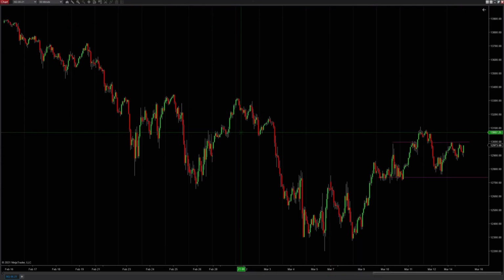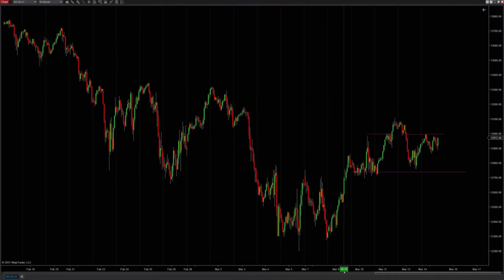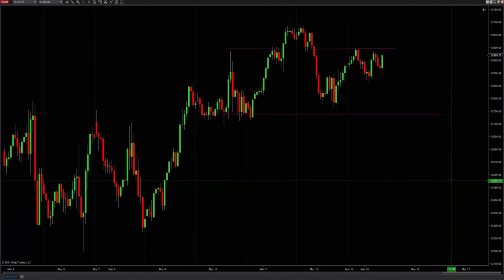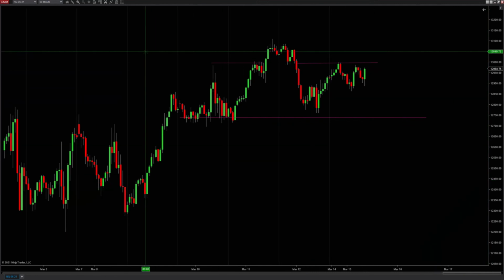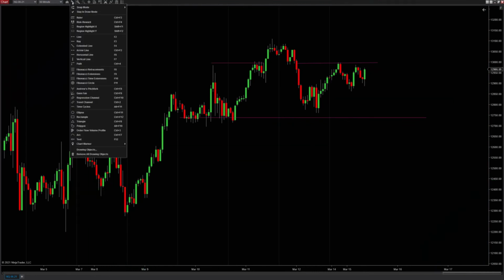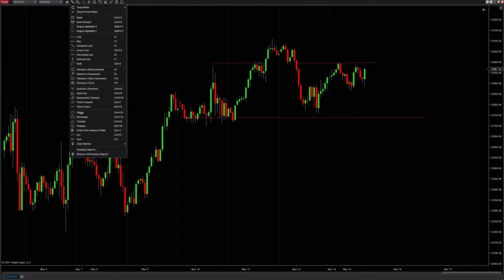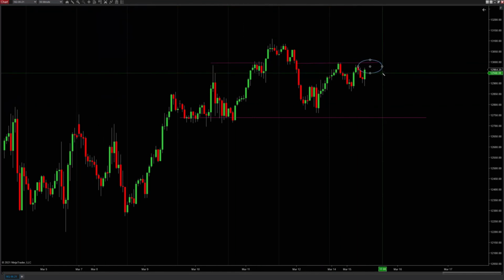So there's a fair amount of strength coming into the NASDAQ. This is the hourly chart. But if you're a trader, do you want to go long here? Does that make sense?